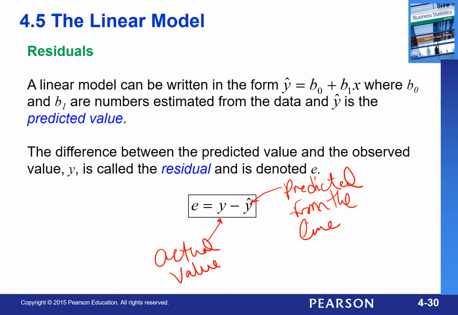The residual error, also known as just the residual, or the little e, is the difference between your actual value and the prediction you made. Think of y as the one from the actual data, and y hat as the predicted value, predicted from the line.